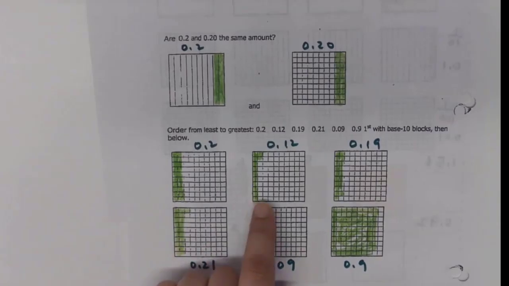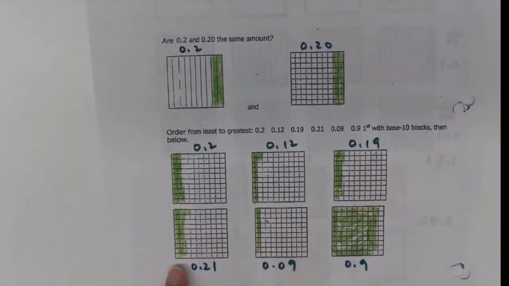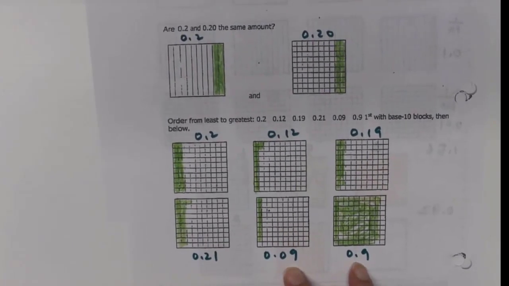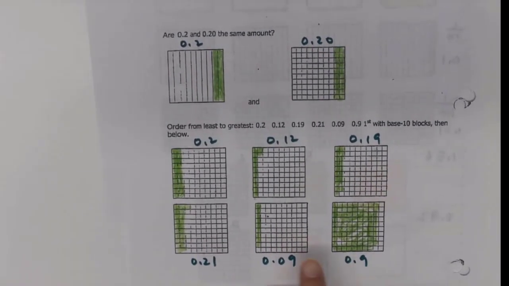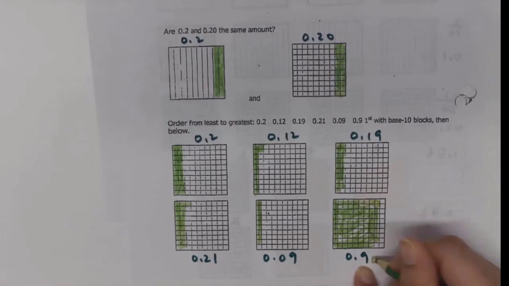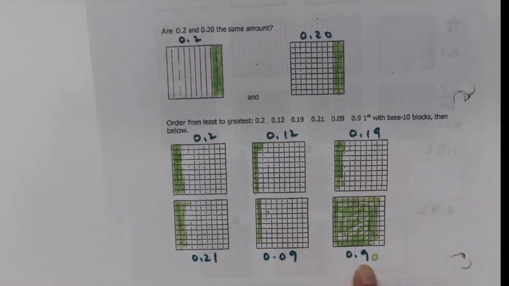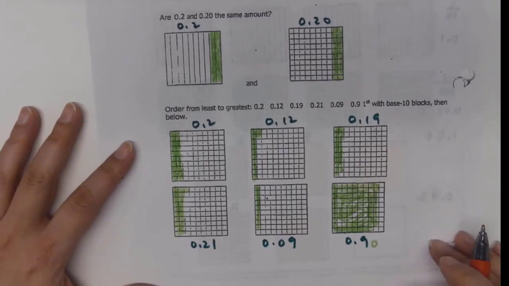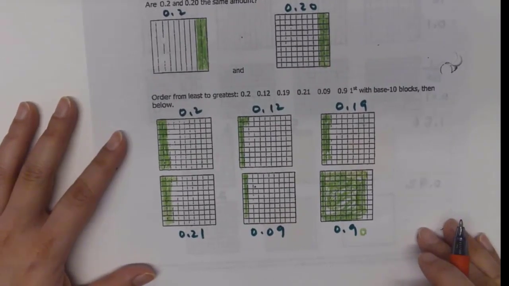And the next part we have this, right? So for 0.2 we have 2 longs or 20 units. This one would be 12 units, 19 units, 21 units. So these two would be the most confusing ones for some students, right? This is just 9 units, but this is 90 units. Or if you put the same number of decimal places, this is 0.90, 90 units, right? Can we see that? So if this is the case, which decimal number covers the least amount of area?